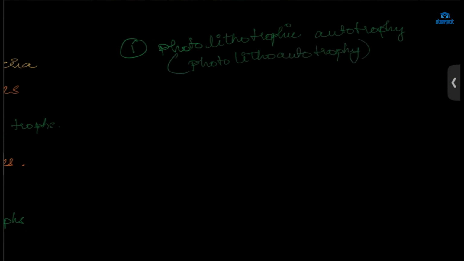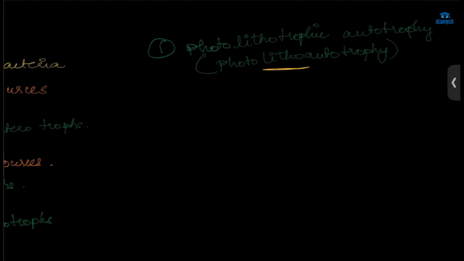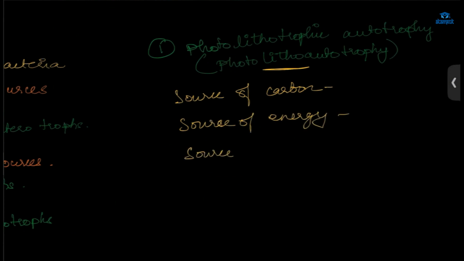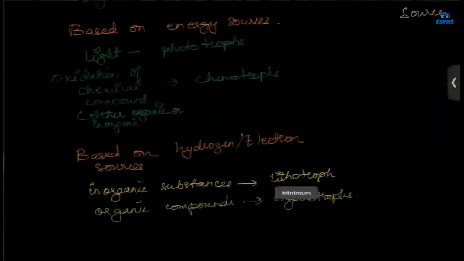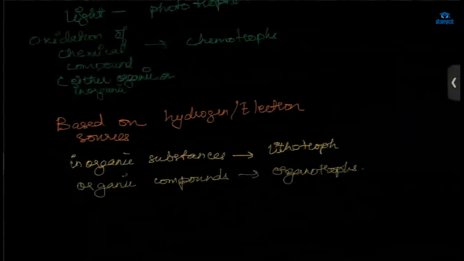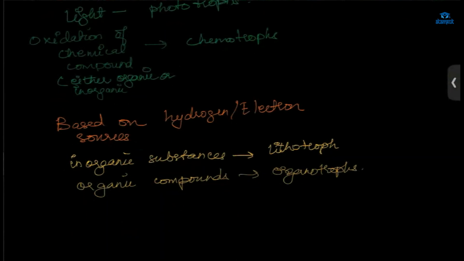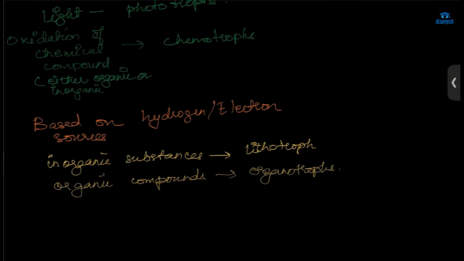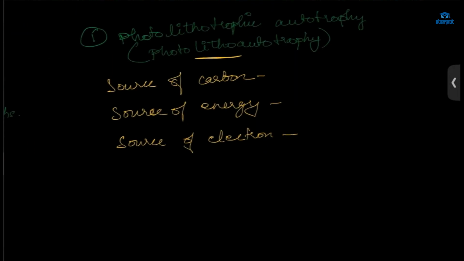From this name itself, we have to find the source of carbon, then the source of energy, then the source of electron. Where have we seen litho? Here, based on hydrogen donor. So hydrogen here will be an inorganic substance.